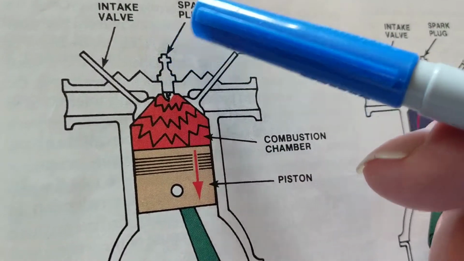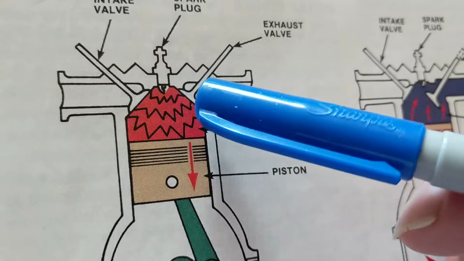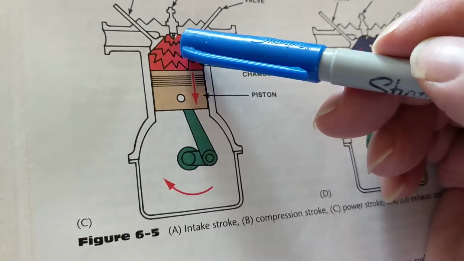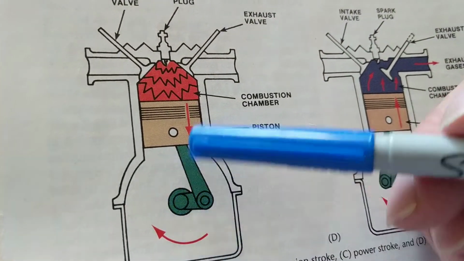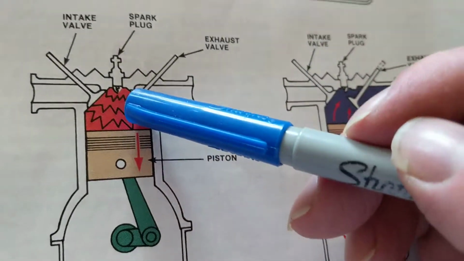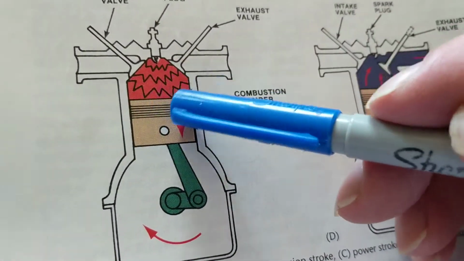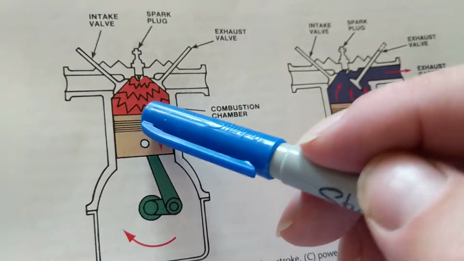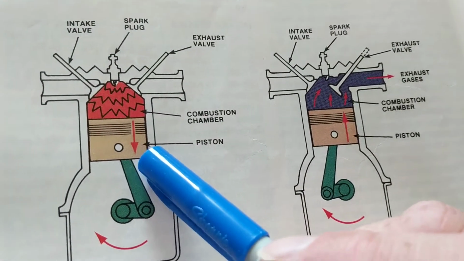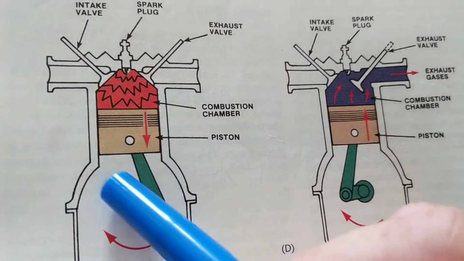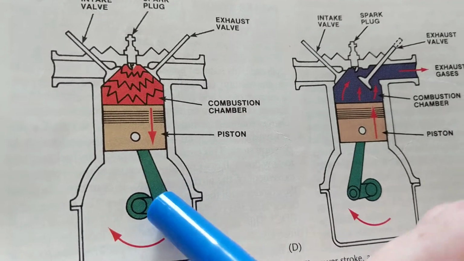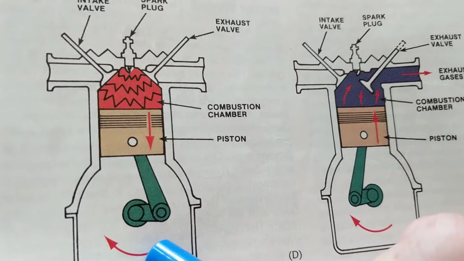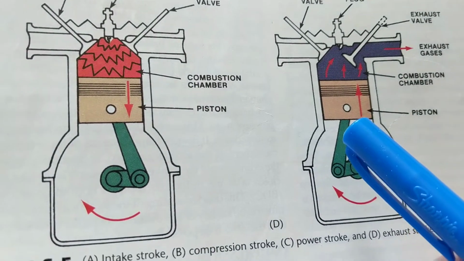And then when that happens, now the piston is on the downstroke. It goes down. That great, tremendous force pushes down on the piston head. Now what do we do? We use this to turn the crankshaft, to create horsepower, to create torque. That we'll talk about in a minute.